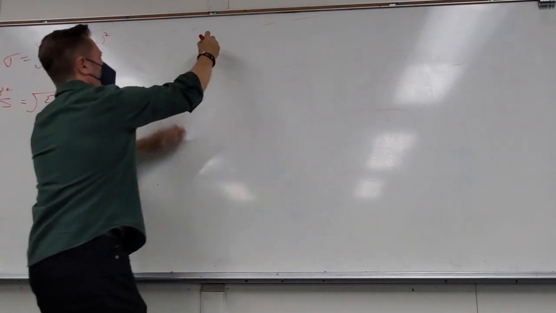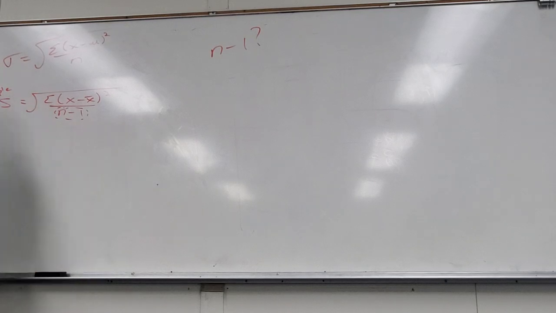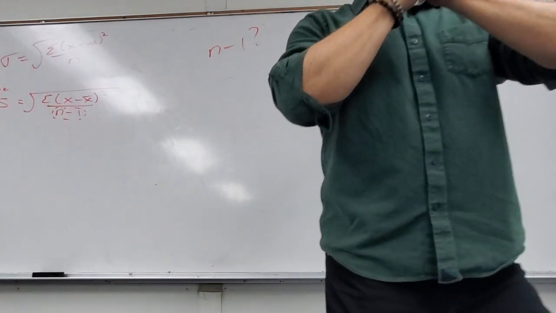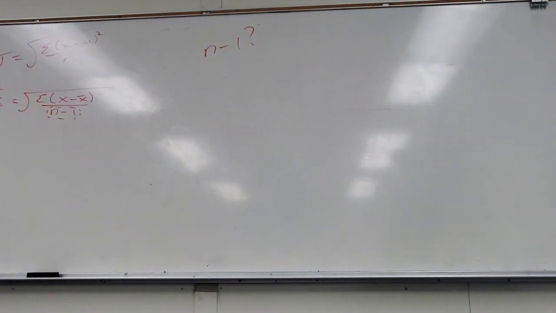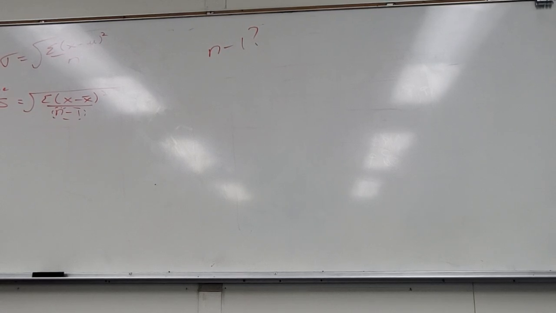So real quick, a little word about this n-1 thing. Where did that come from? Let me ask you this. We sort of talked about this before. If I have 3 numbers that average to be 10, do you know anything about any of the individual numbers?